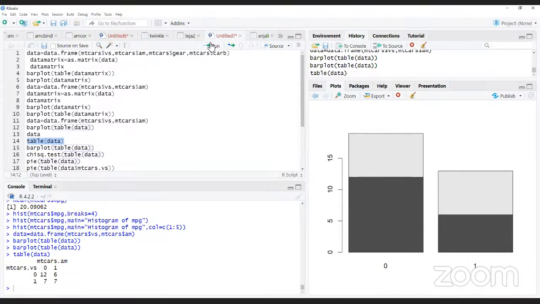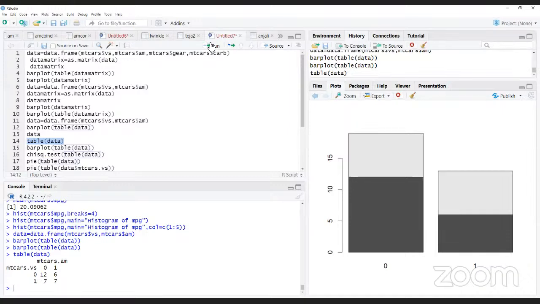Okay. And you will find mtcars AM and mtcars VS. One received by 7 people. Similarly, 0 also received by 7 people. So it appears that there will be no significant difference.